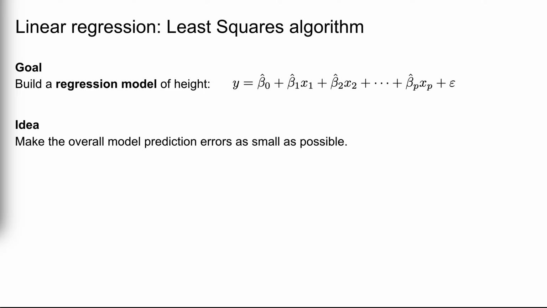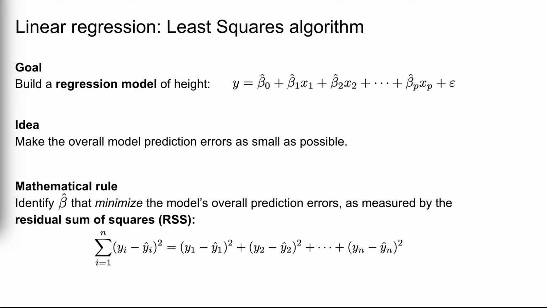To make this dream a reality, we must translate this goal into a mathematical rule or criterion. To this end, the least squares algorithm identifies the coefficient estimates beta hat which minimize the model's overall prediction errors, as measured by the residual sum of squares, or RSS. Let's break down this notation. RSS calculates the squared residual, or prediction error, for each subject in our sample, from subject 1 to subject 2, all the way up to subject n, where n is our sample size.